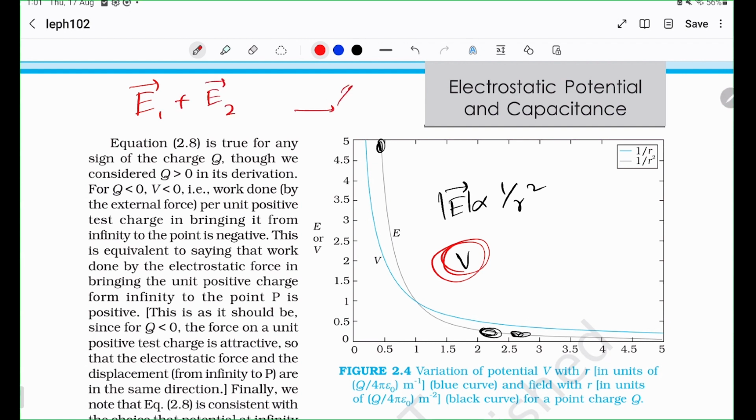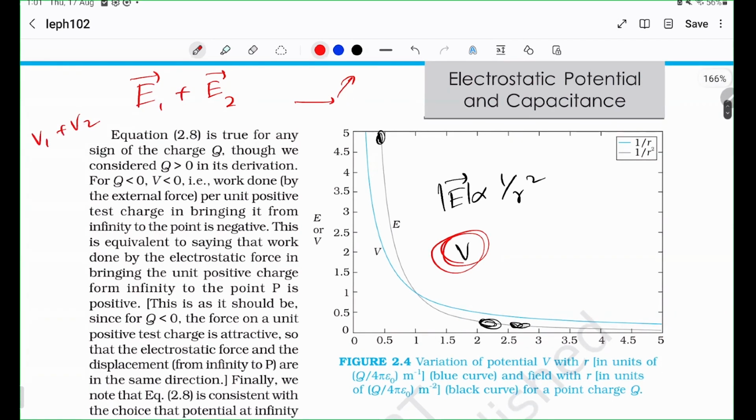The vector addition is much more complicated than simply a scalar addition. This is simply adding the two numbers. But here it's not simply adding, you need to take in the directions as well. So the point is vector addition is far harder. So we prefer to deal with potentials. So the reason potentials were even thought of is because they are scalars. So I want you guys to remember that.